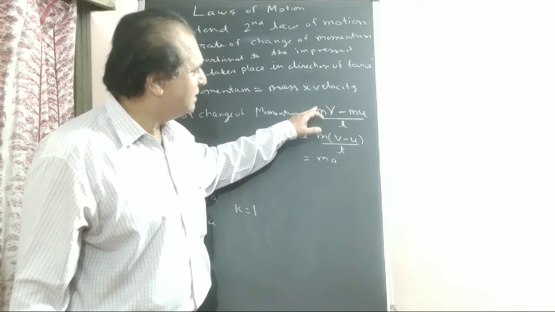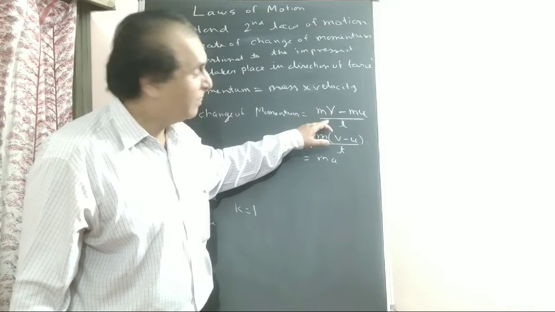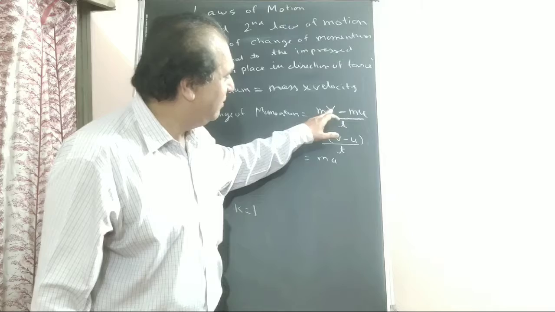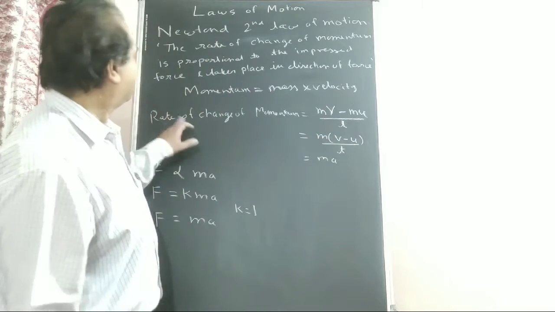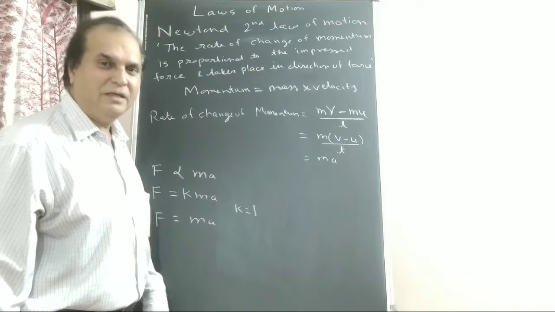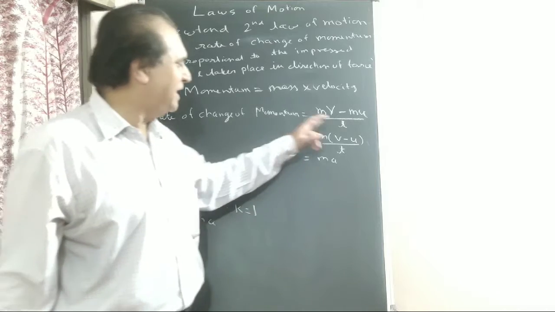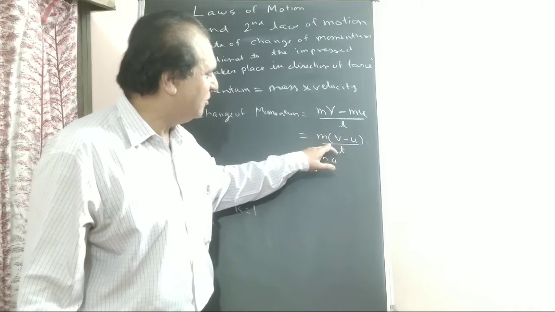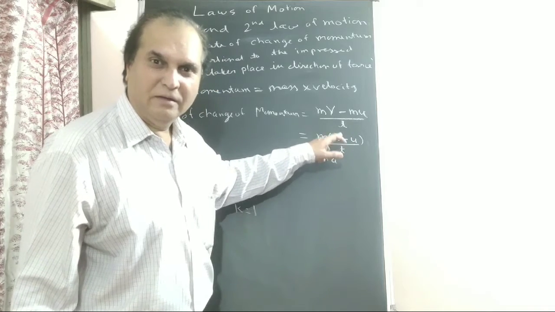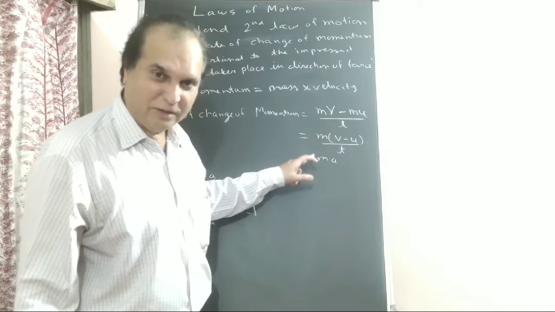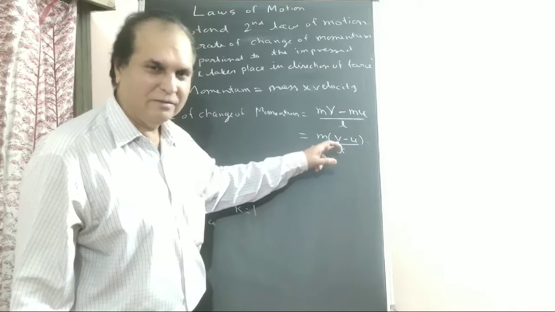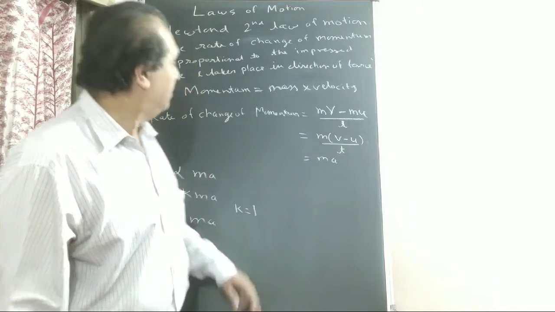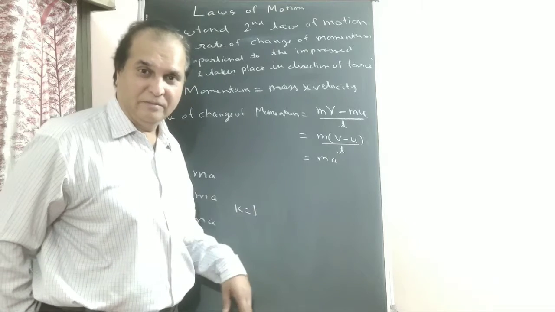Final momentum is mass into final velocity v minus mass into initial velocity u. mv minus mu, and rate means upon time t. Mass is the same. If you take m common in the bracket, v minus u upon t. And we derived what v minus u upon t is: acceleration. So m into a, just ma. But this is the rate of change of momentum.